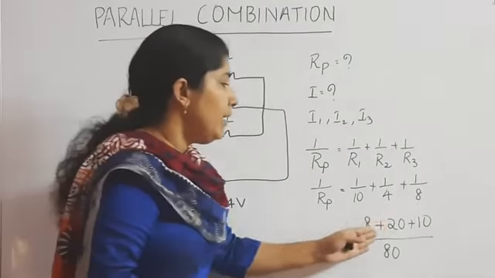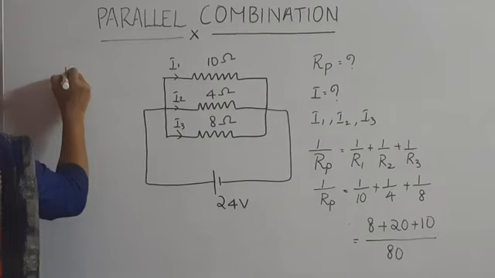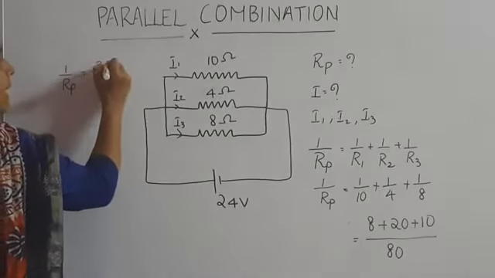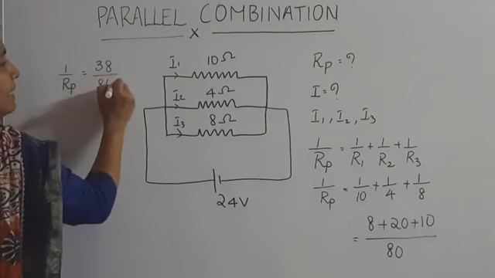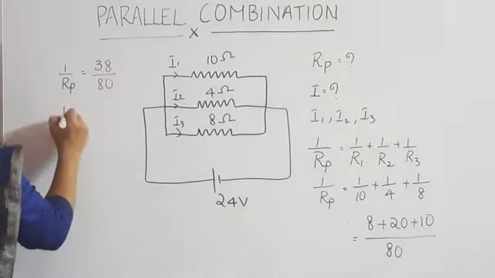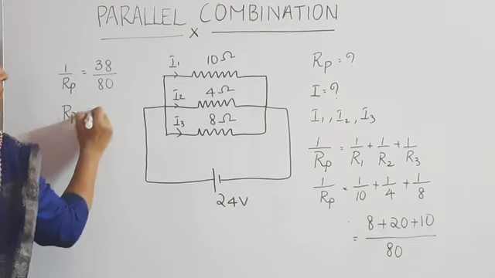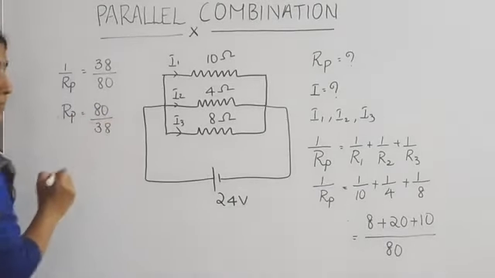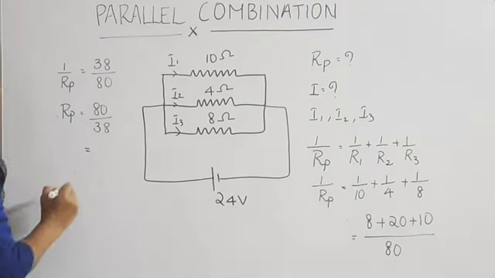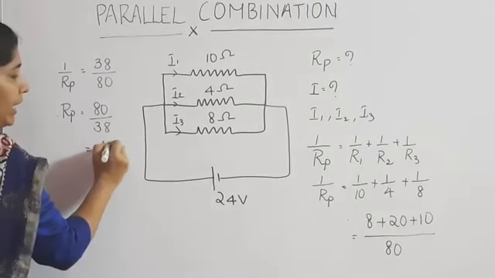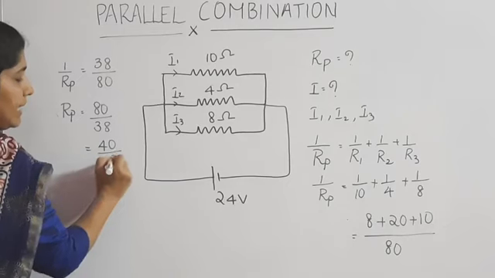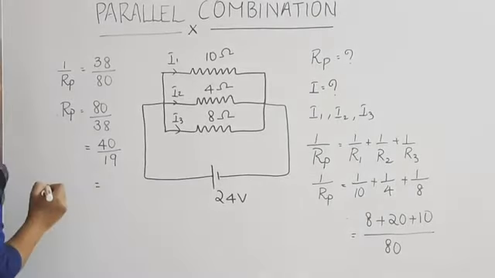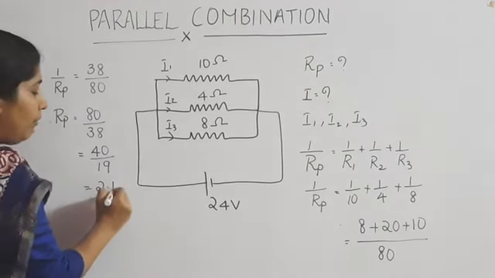Then 8 plus 20 plus 10 is 38. Okay. Then 1 by RP is equal to 38 divided by 80. Therefore RP is equal to 80 divided by 38. Now we can cancel, it's equal to 40 divided by 19. It is approximately equal to 2.11.